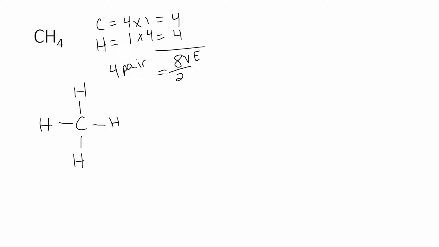So this is going to be our generic rough sketch shape. What this actually looks like is this. Okay, this is what this actually looks like. And the reason for this is because of repulsion, which we'll get way more into in chapter 9. This is tetrahedral.